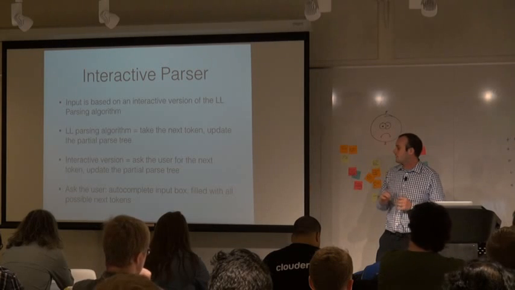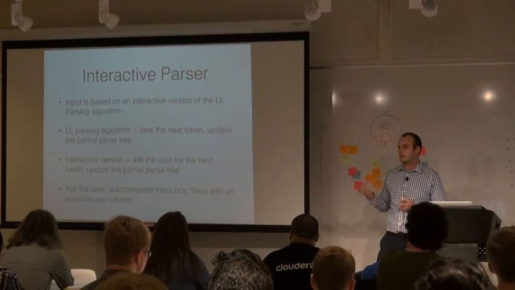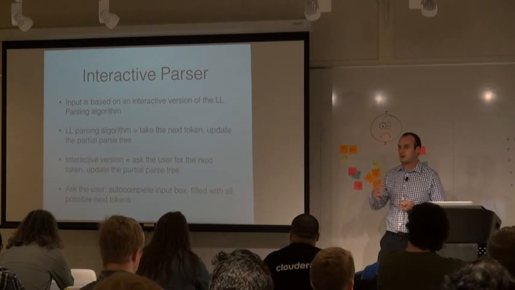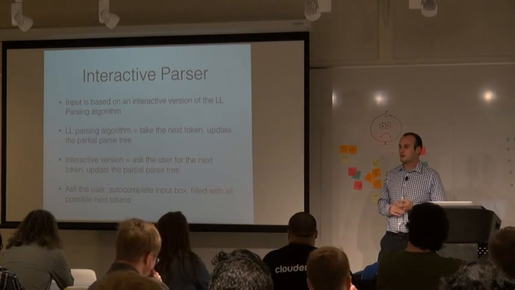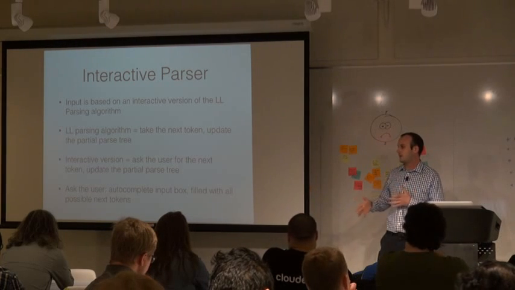So the LL grammar gives rise to a very simple parsing algorithm, the recursive descent parsing algorithm, where you just look at the next token and try to add it to the current tree, and then go on to the next.